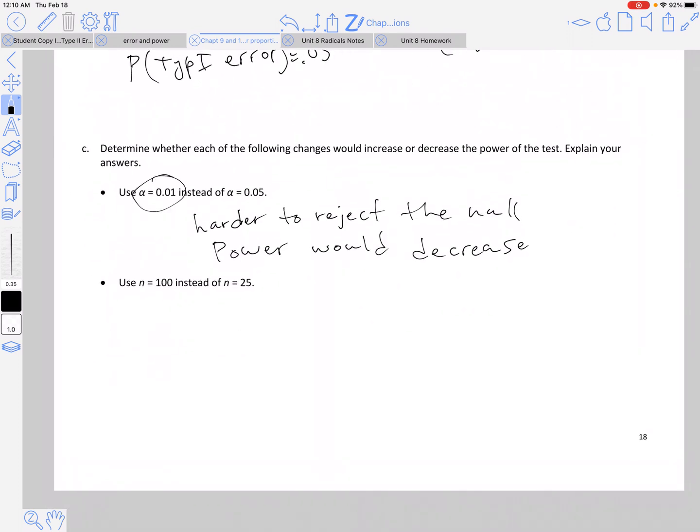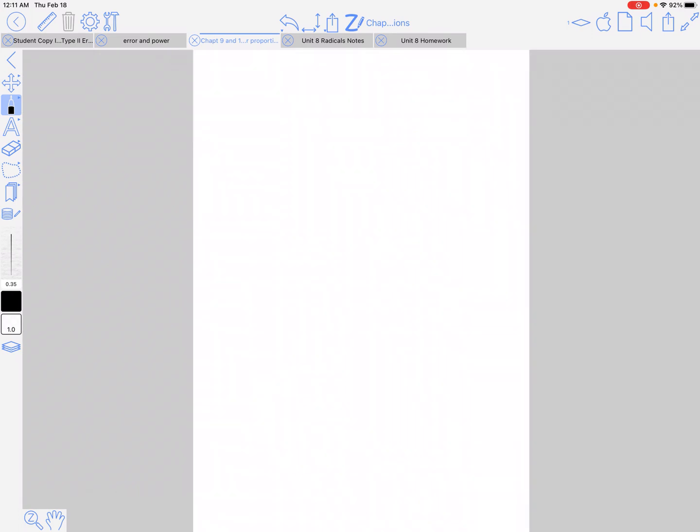All right, so if we use n equals 100 instead of n equals 25, so we have a higher sample size. Whenever you increase your sample size, you're going to increase your power. The better sample size you have, the more accurate usually your estimates will be. So our power would increase because our variability got smaller, right? And if you think about that, it will work.